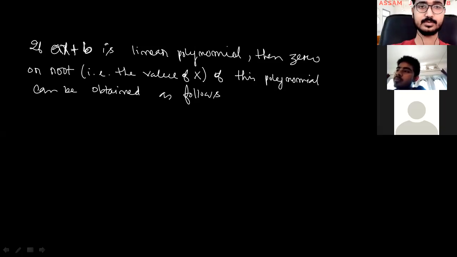If ax plus b is a linear polynomial, then how can you find the root of the polynomial? Just equate it to 0. You have to write this polynomial equal to 0.